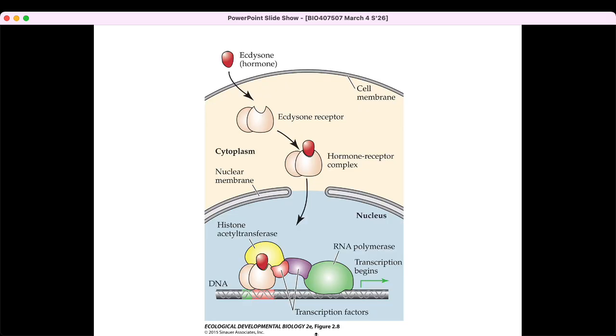Here's that image from the book, from chapter 2, diving into the molecular mechanism: there's a hormone, it gets into the cell, and it binds this receptor. That receptor is a transcription factor, so you can watch that hormone's action by changing gene expression. The genes are getting turned on and off.